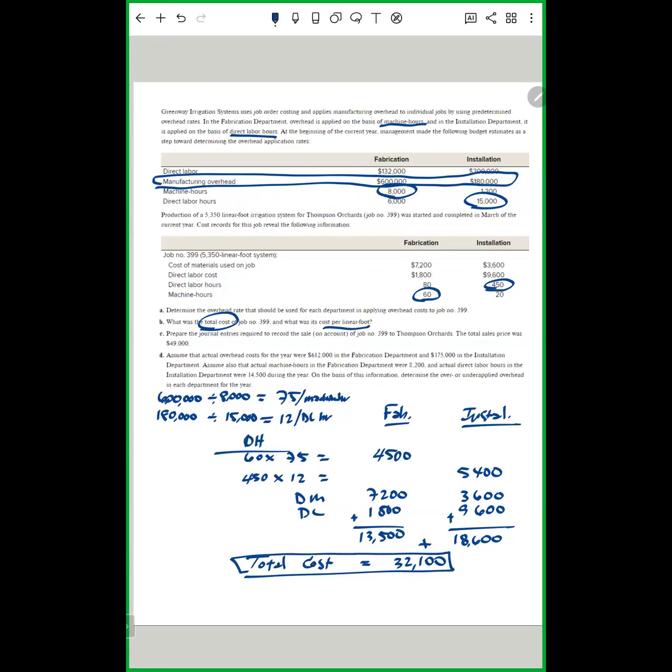In order to come up with that, I need to determine the number of linear feet produced in job 399. And here it says 5,350. So if we take the 32,100 and divide it by 5,350, I get $6 per linear foot.